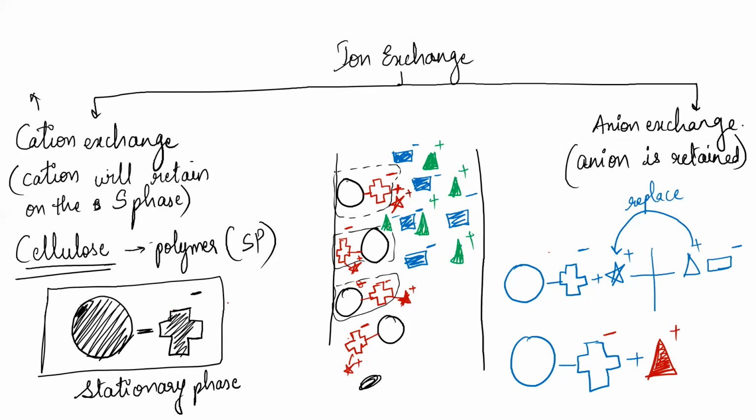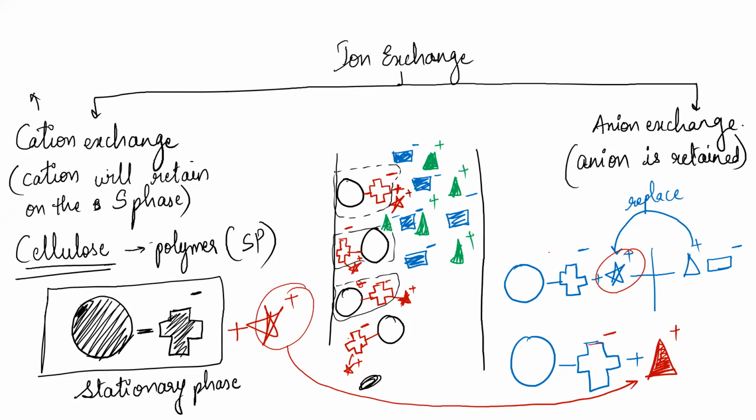So initially here, if you see, it had a star initially as a plus charge, but after you pass the mobile phase that contains your analyte, this exchange happened. So this is how fundamentally the ion exchange chromatography works. So now this will be binding to the matrix, or to the stationary phase, and this star can be eluted, and even this can pass out in the eluate. Okay, so there is an exchange in the ions.